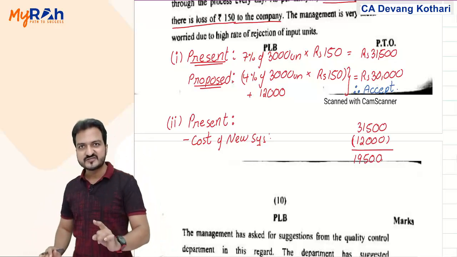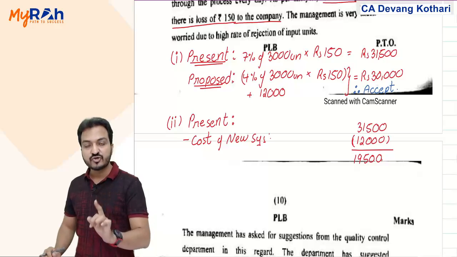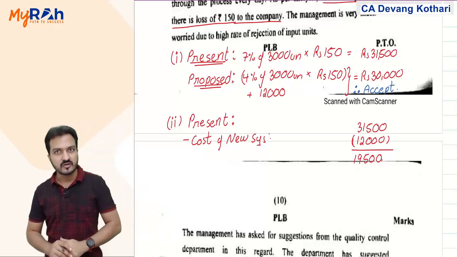So under the new system, the maximum rejection cost you can afford is 19,500.